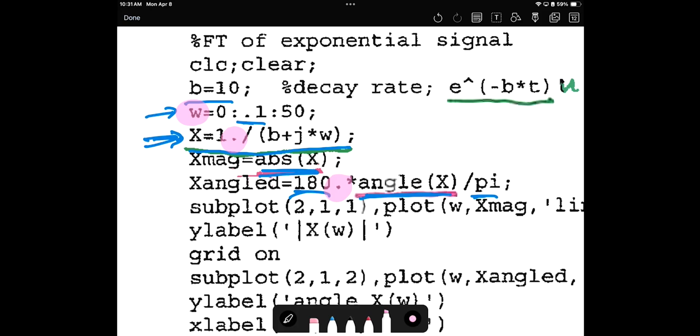So we define omega as a vector. Then dots mean the product or the division will be element by element. This is a MATLAB matter. So we need to do element 1 divided by element 1, then element 2 of the vector divided by element 2 of the vector, then element 3 and element 3. So it will be element by element.